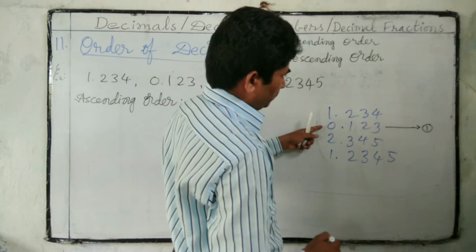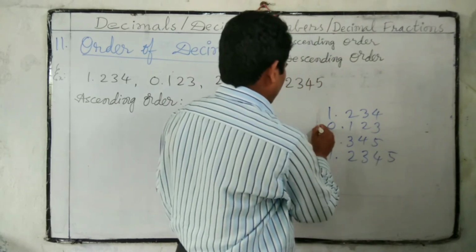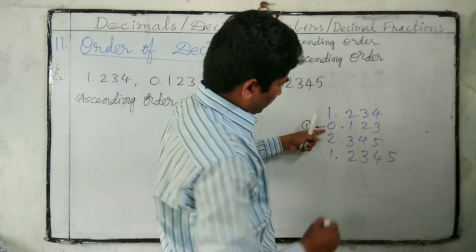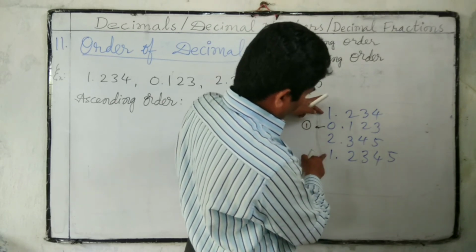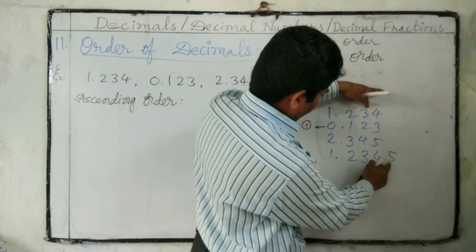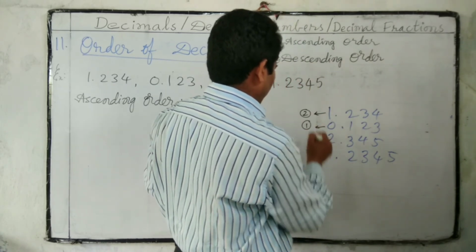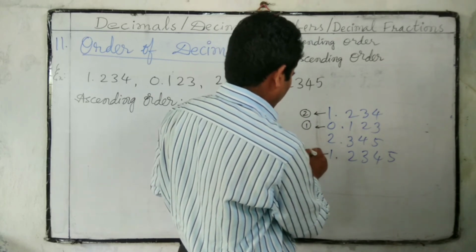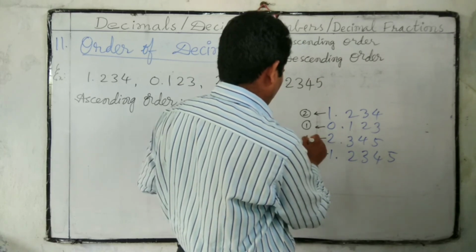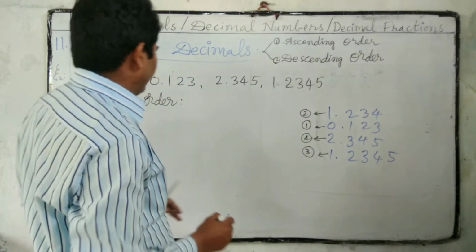Next, the second position, there are two numbers, so this is the larger one, this is the smaller one. So this is second position, this is third position, this is fourth position. Now we can arrange this in ascending order easily.